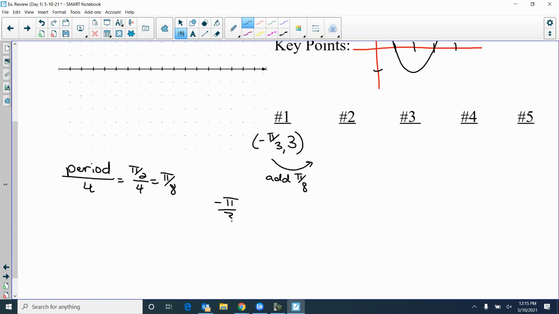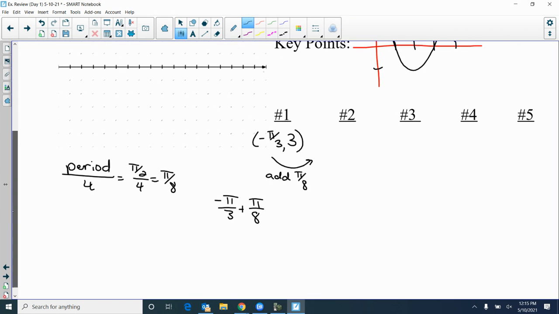So negative pi over 3 plus pi over 8. All right, take a second, add them together. You don't have any calculator with you for this part, so good little review of your fraction work. Okay, I'm getting a common denominator of 24.